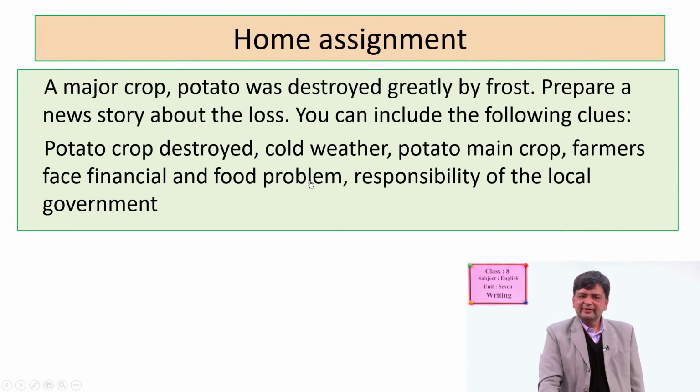So they will fall into trouble. And then we have a special space for further information, and it is the responsibility of the local government. What do you expect the local government should do in order to help the farmers, right? So this is the home assignment for you.